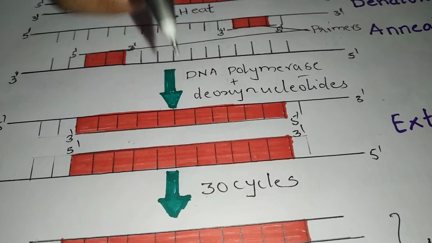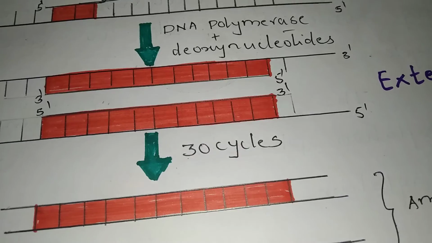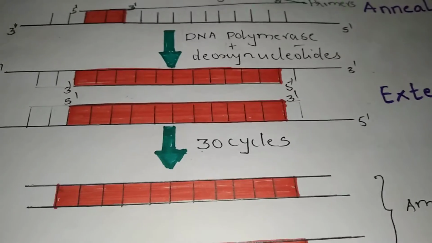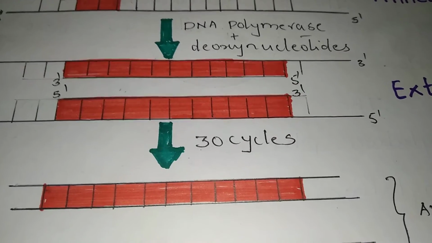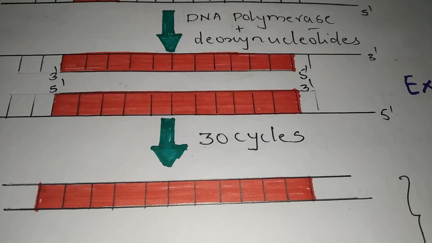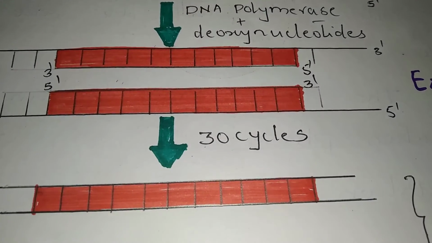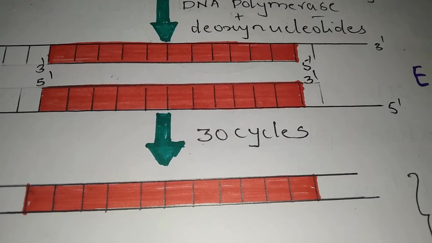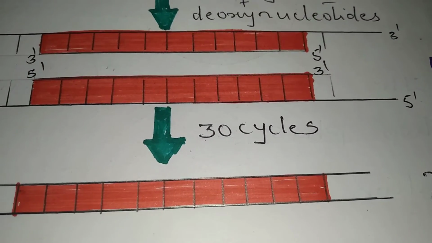Or this desired DNA can also be inserted into the host cell by incubating that on a culture, through a number of methods like calcium chloride method, microinjection method, or biolistic method.